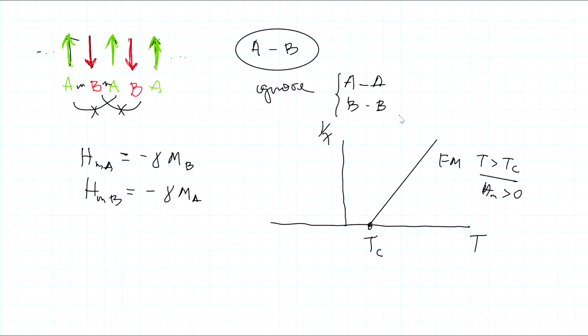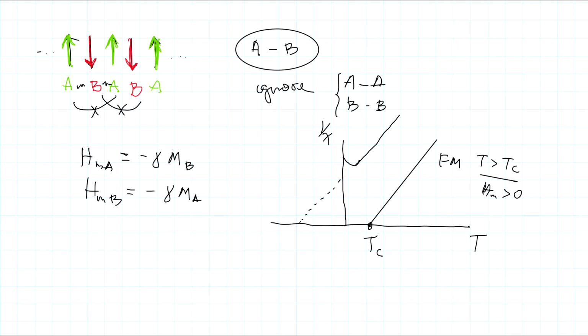Now there can be this case with a temperature that is less than 0. And if you look at this, I will modify it a little bit. What would happen is that at this point, if it is an antiferromagnet, the inverse susceptibility would start to go up as we saw above.